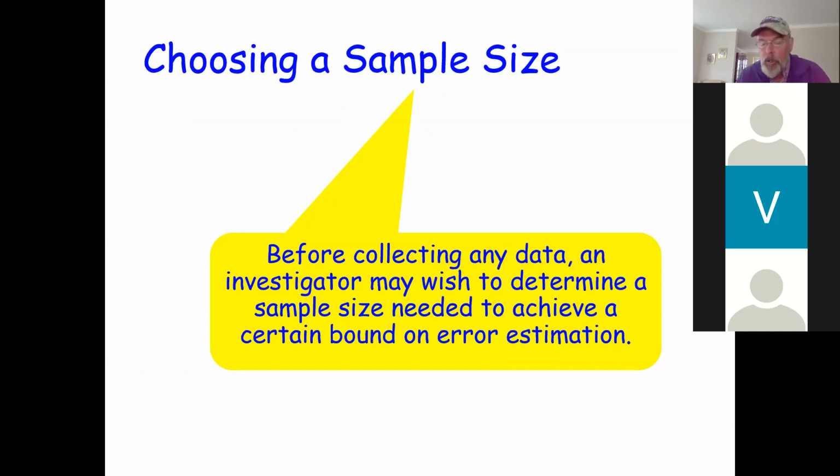Okay, since we have a margin of error, I'm going to focus on the margin of error. What I'm going to do is start to think about choosing an appropriate sample size for our estimate. This here, bound on error estimation, I'm going to change that to the margin of error.